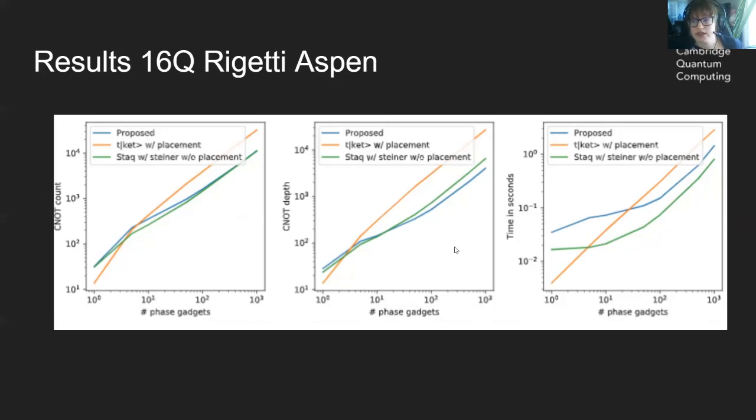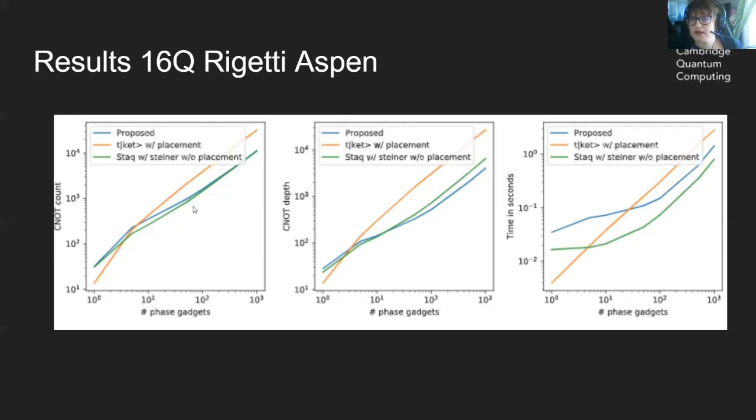In the middle is the C-node depth, and on the right is the runtime in seconds. I note that all of the numbers are the averages over the 20 random circuits that we generated.